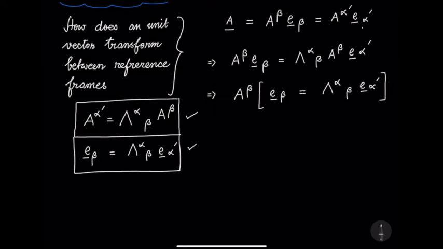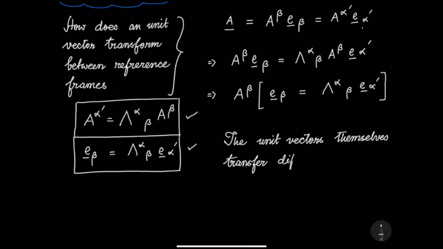For A, the primes are on the left hand side and the unprimes are on the right hand side. Differently, compared to the components of a vector.